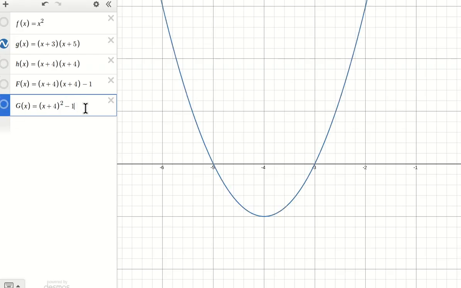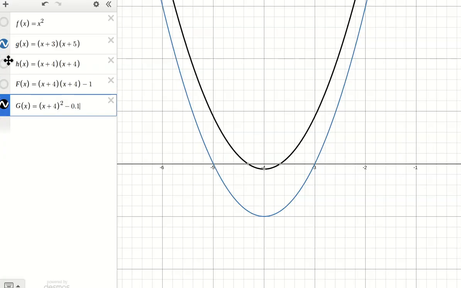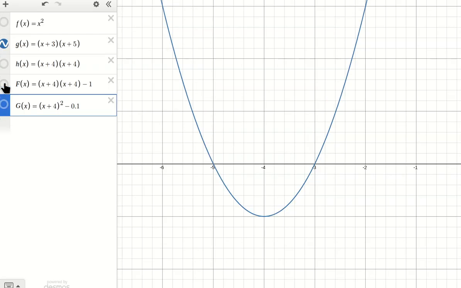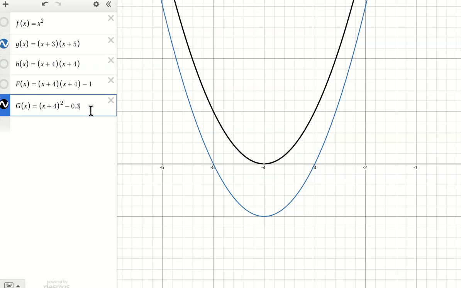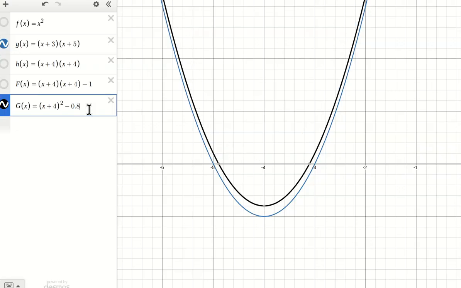And I could make this 0.5, and we would get a slightly different result. If it was 0.1, there's the function that we want, and there's the function we're moving. We move it a bit more, a bit more, a bit more.